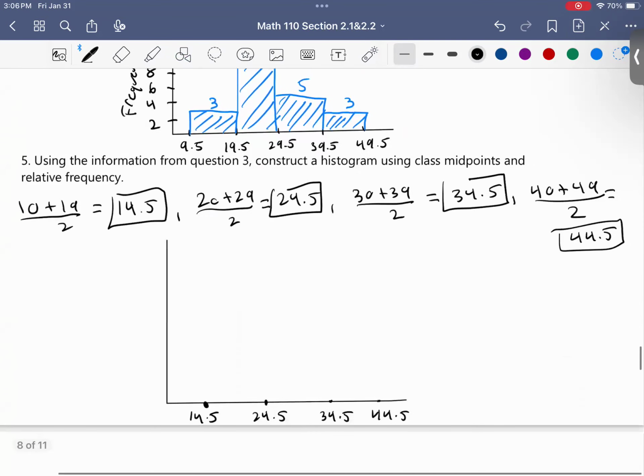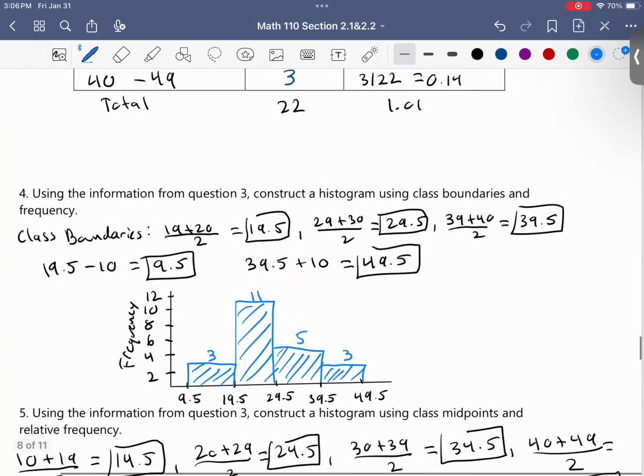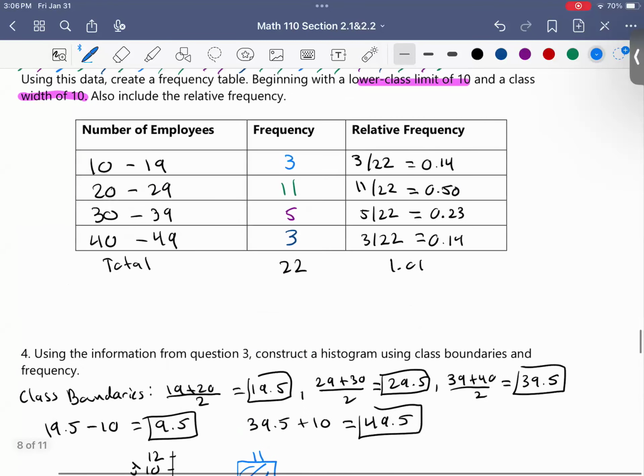So I'm going to go up to 0.5. So here's 0.10, here's 0.20, here's 0.30, 0.40, and 0.50. Say this is the relative frequency. But the frequency for the midpoint, 14.5, is going to be this 0.14.